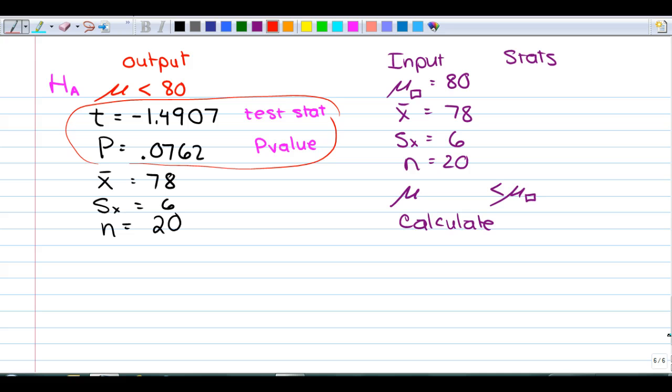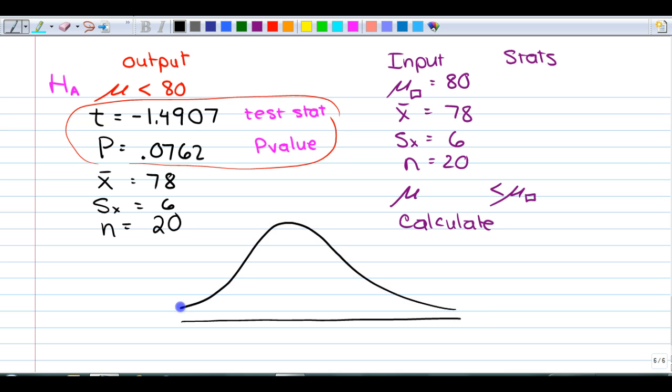How would we use those? Draw your normal curve. Well, this time it's a t-curve. So we've got x values and t values. My hypothesis assumed the mean was 80. A t statistic has a mean of 0, just like the z. We found the test statistic to be negative 1.4907.